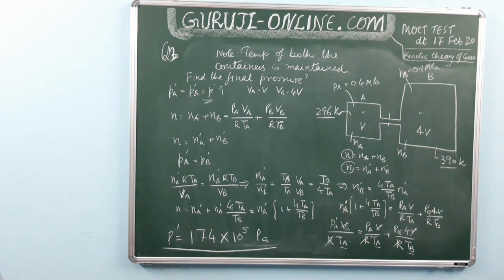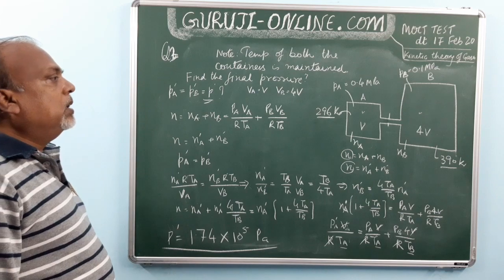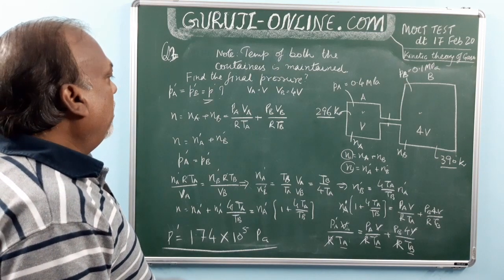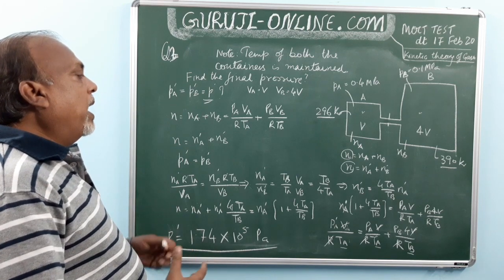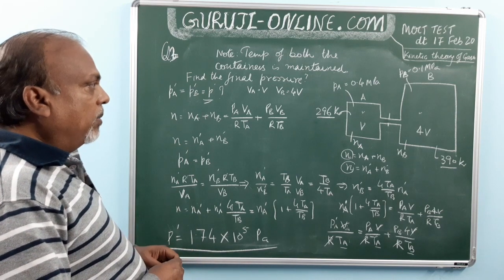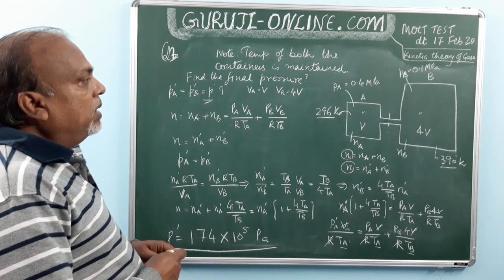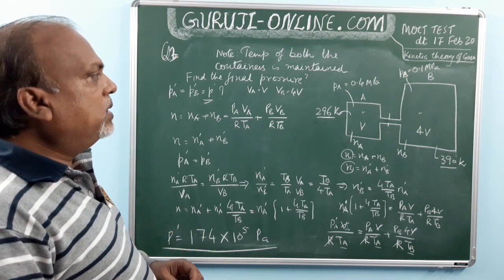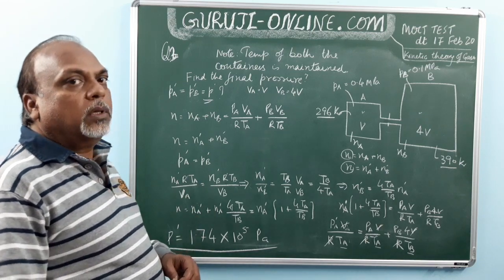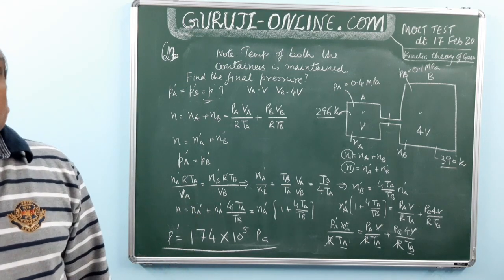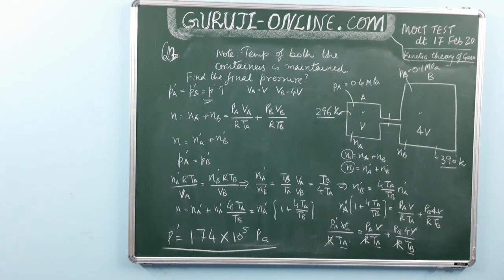So this is how, with this philosophy of number of moles will remain same, if we add up the number of moles of the gases due to redistribution, we can solve this problem. So now we will go to the fourth problem.